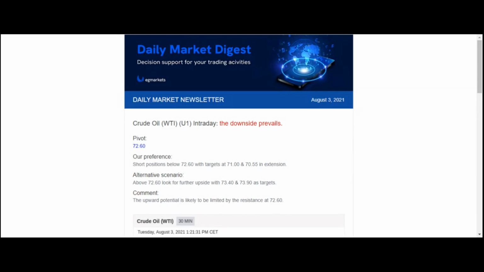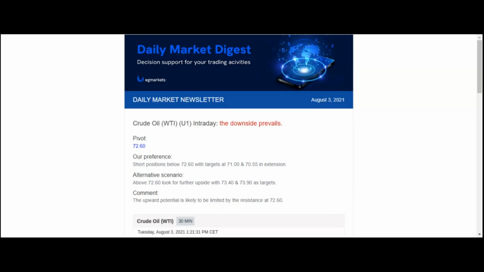Now the alternative scenario, which is above. That means if it doesn't go down and it starts going above, this is what will happen. Above, you look for opportunities to buy if it is trading above 72.60, with targets at 73.40 and 73.90.